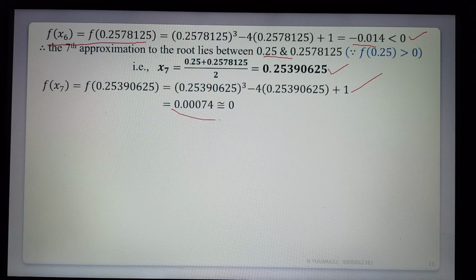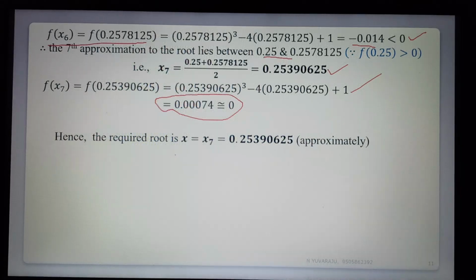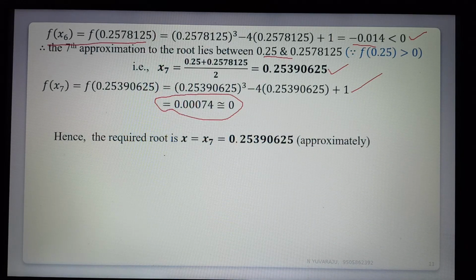Observing here, the seventh approximation substituted in the given equation gives the value 0.00074, and this is nearly equal to 0. So now we assume the seventh approximation is the required root. Okay? So that is the required root. So this is the bisection method. Okay, understood?